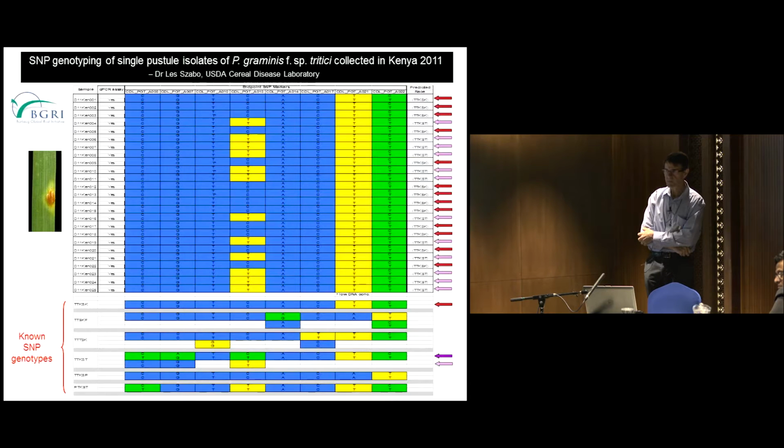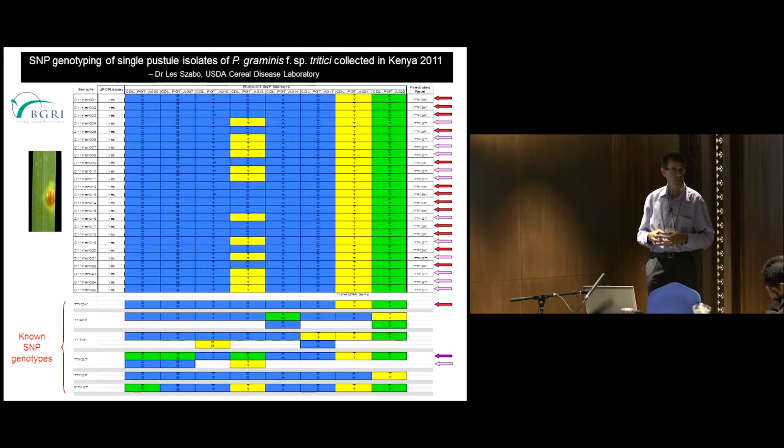When I last saw Les a few weeks ago, I think he had 18 different genotypes within race TTKSK. So there's a lot of variation there. And the assay is developing, so he can now look at other important races. So the Digaloo race, TKTTF, his assay is now diagnostic for that race.